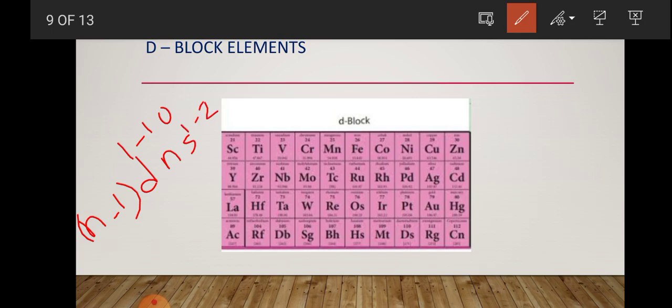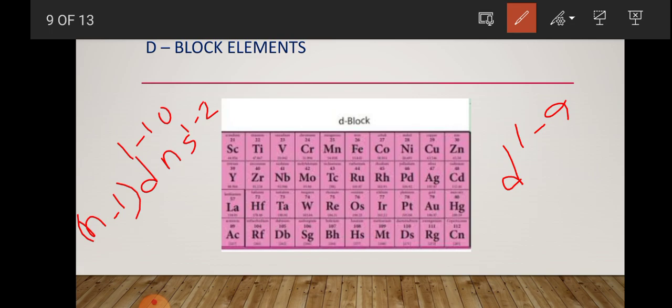This is the electronic configuration of d block elements, and the d block elements which have partially filled d sublevel, that means d contains 1 to 9 electrons in the outermost level in the stable ionic state, are called transition elements.